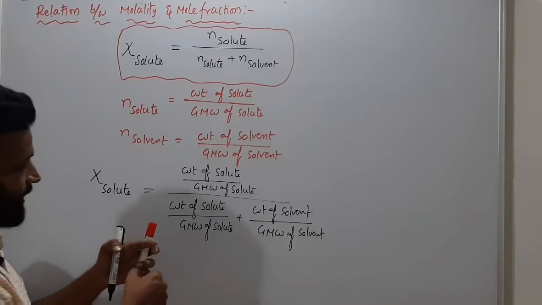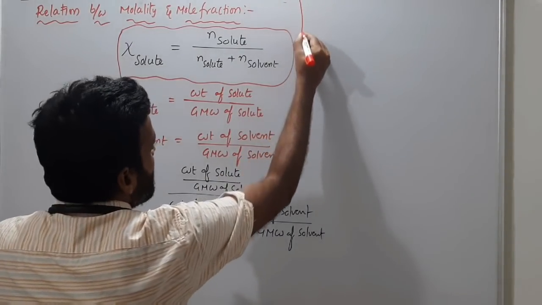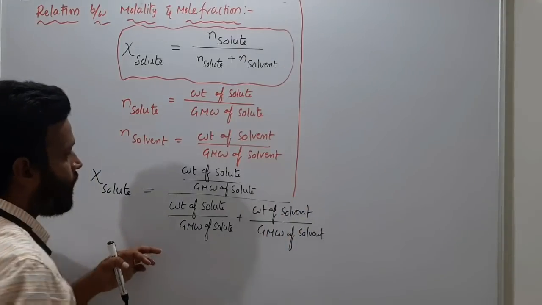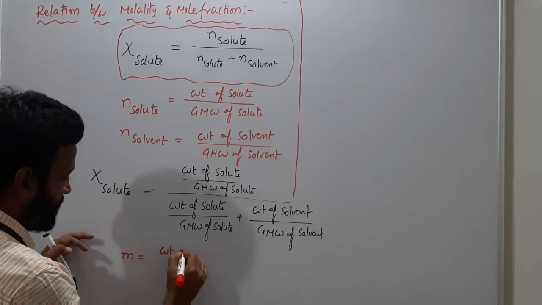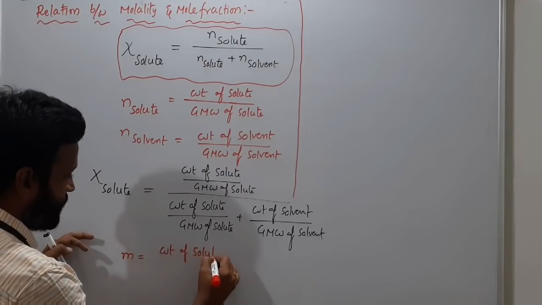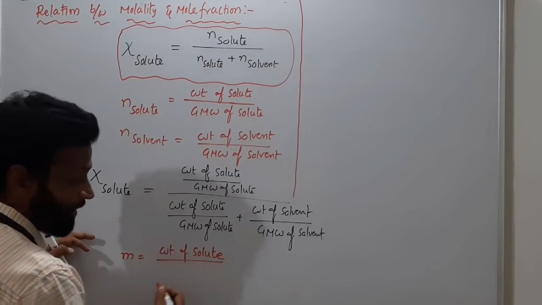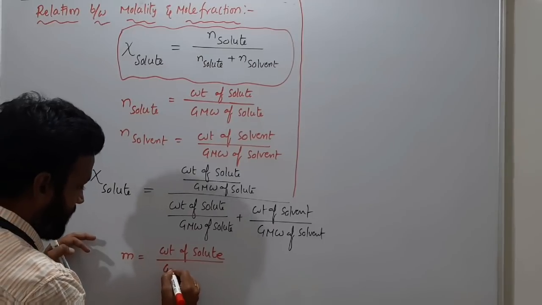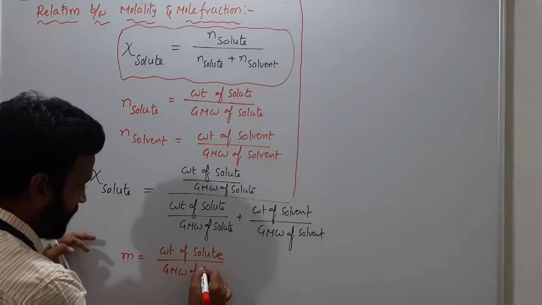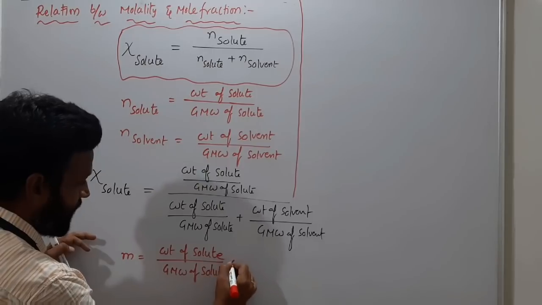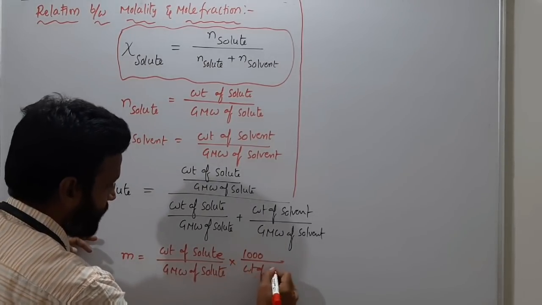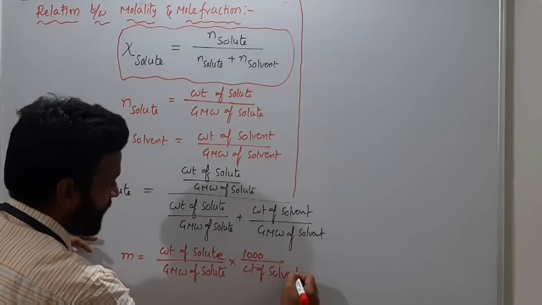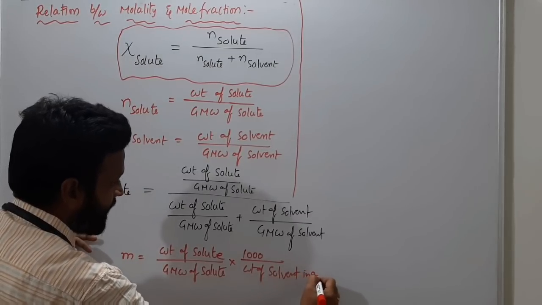So next what I will do here, observe everyone. What is the molality formula? You know the molality formula. That is weight of solute by gram molecular weight of solute into 1000 by weight of solvent in grams.